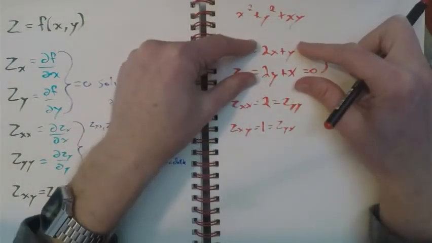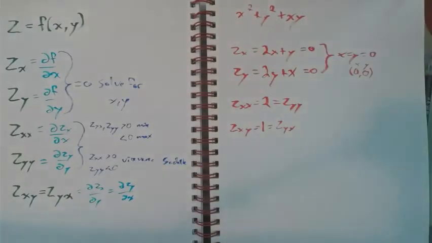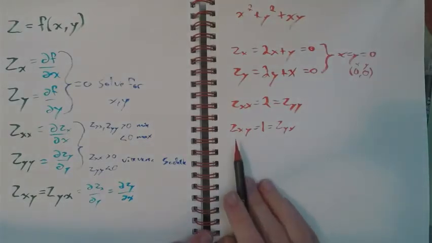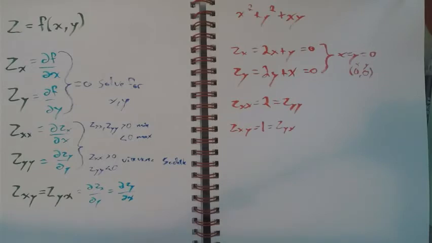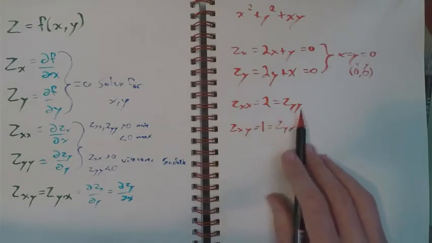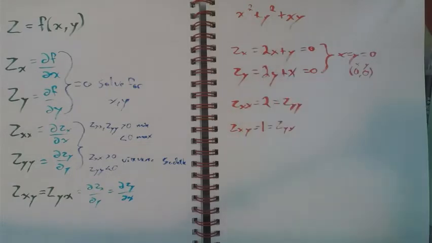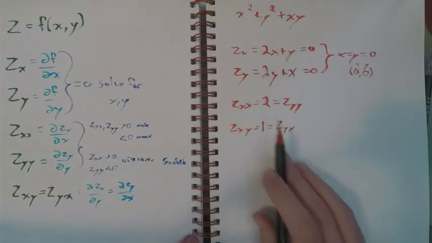But we aren't always going to see this sort of symmetry. This is just because I was lazy and made a boring looking function just so I didn't have too many moving parts. So zxy and zyx are equal in principle. Zxx equals 2. It doesn't have to be the case that zyy is the same, but it just is because I'm lazy.